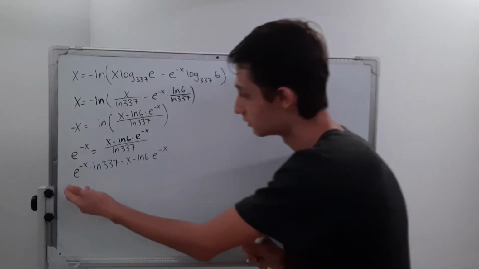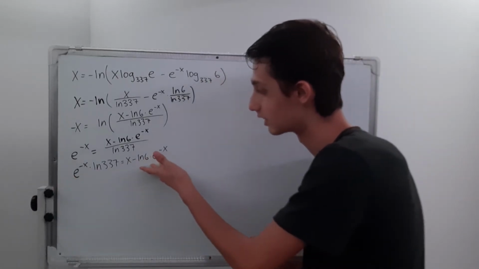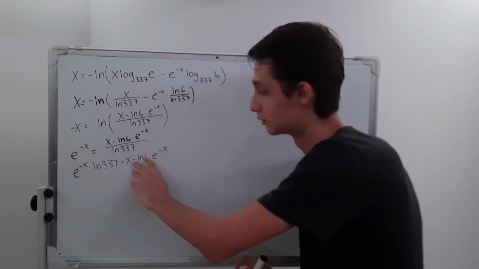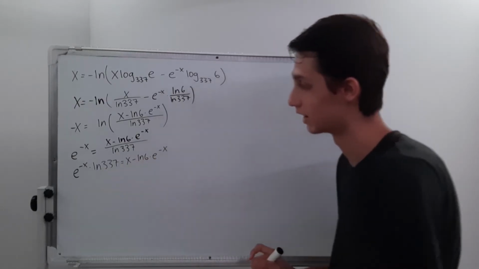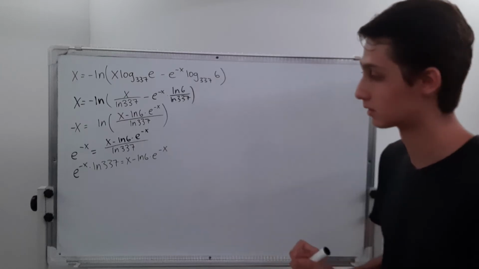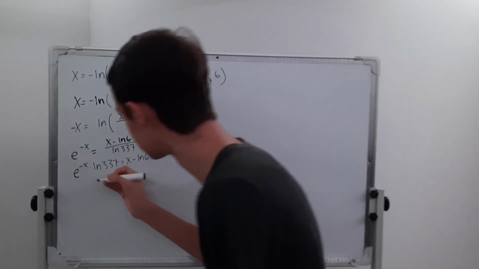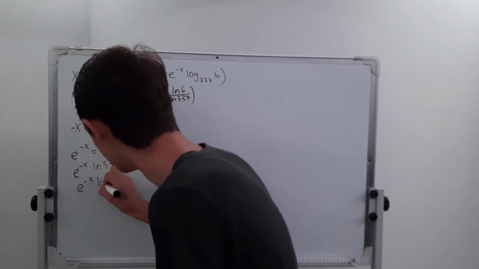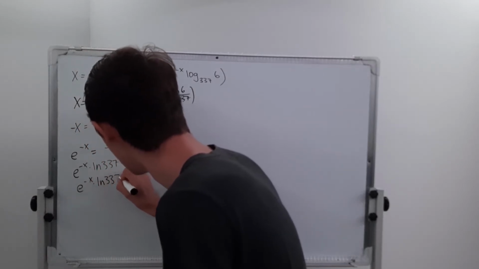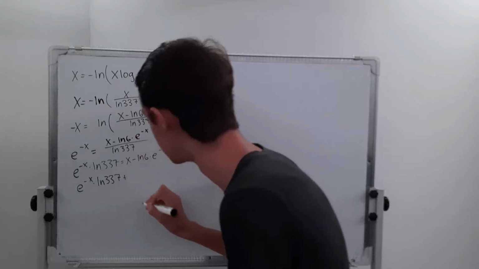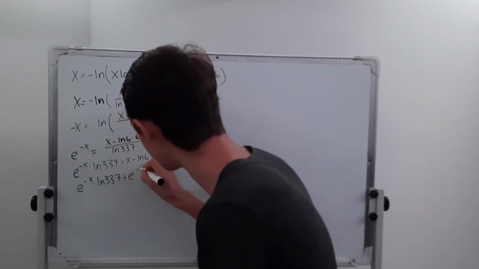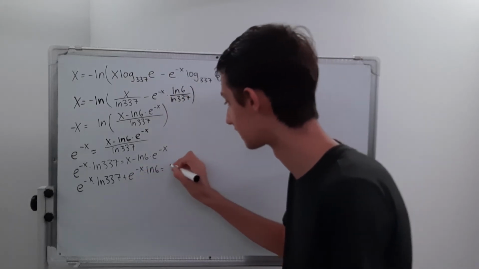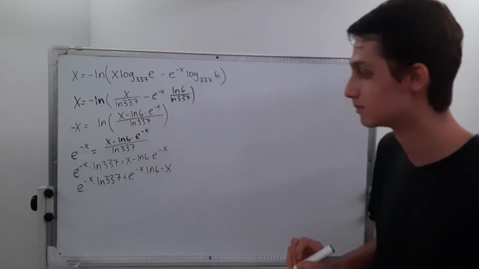And then you can notice that we have an e to the negative x here and here. So we can actually add this term to both sides. Since we have this negative here, we can just add it to both sides, and then we'll be able to work from there. So basically, if we do that, we get e to the negative x times ln of 337 plus, and I'll just do it in the same order, we have e to the negative x times ln 6, alright, and that's still equal to x, just on that side.